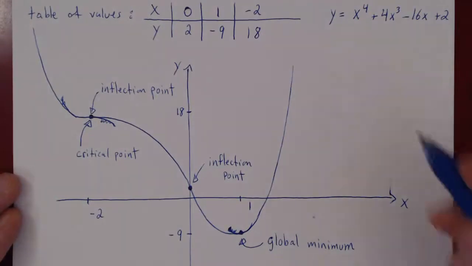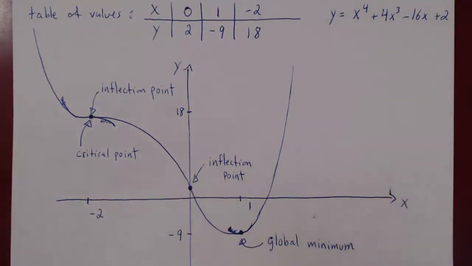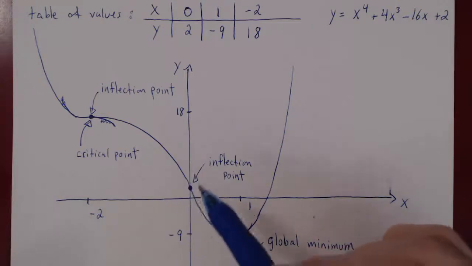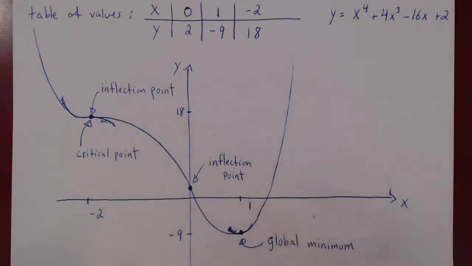And now we have sketched a graph of this quartic polynomial very accurately. Every key feature of this graph is captured. We have a global minimum at x equals 1. The minimum value attained is y equals -9. We have an inflection point at x equals 0, where the curve goes from concave down to concave up.